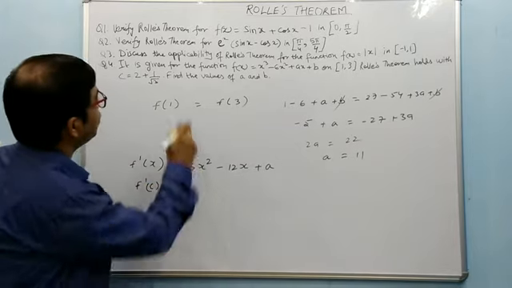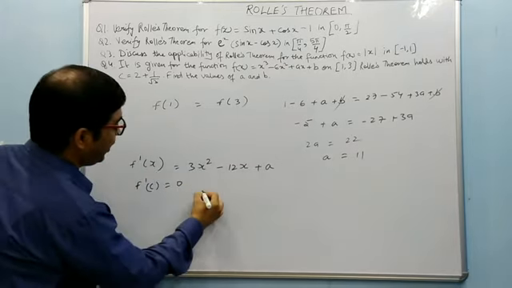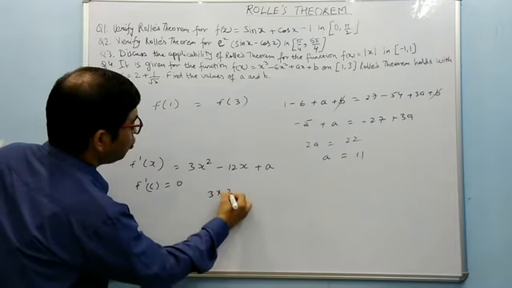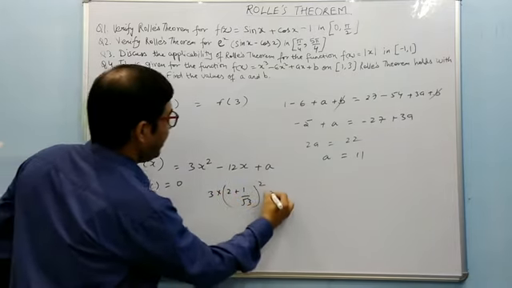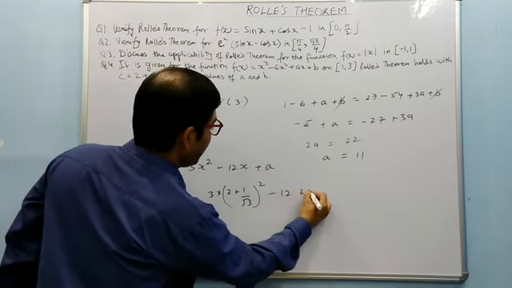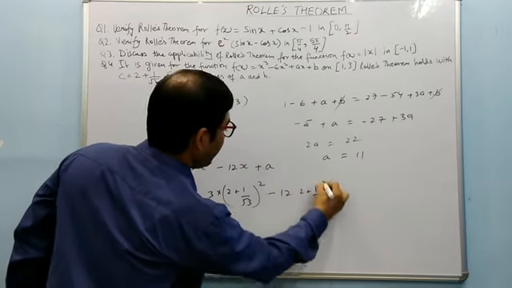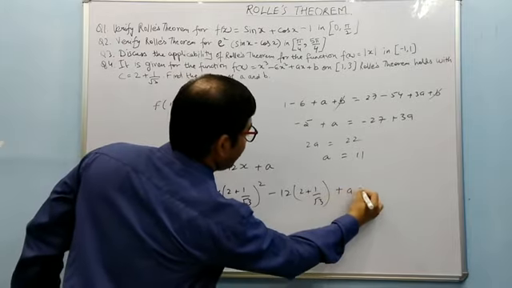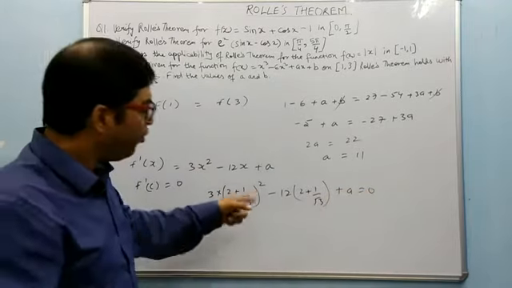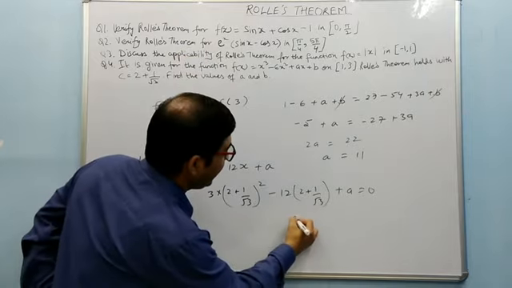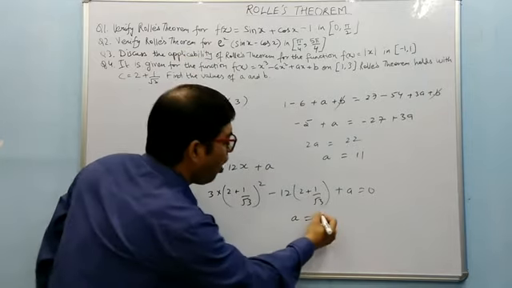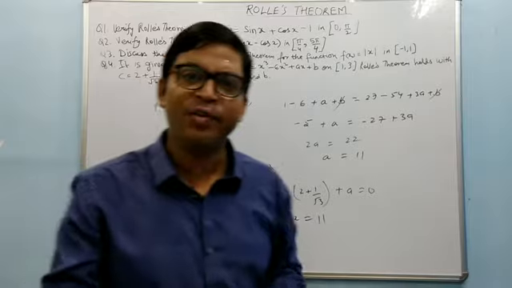So you put c given as 2 plus 1 by root 3. That is 3 into (2 plus 1 by root 3) square minus 12 into (2 plus 1 by root 3) plus a is equal to 0. If you solve, you will again get the value of a, which will again be 11. So the value of a is 11 we are getting.